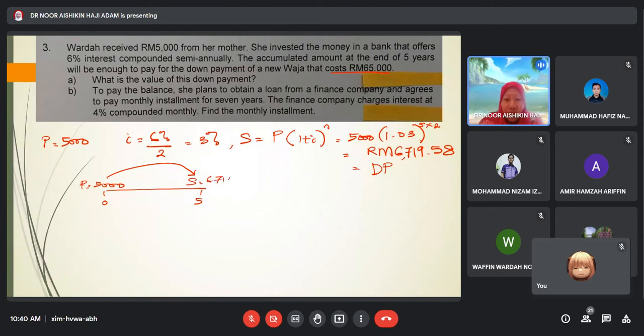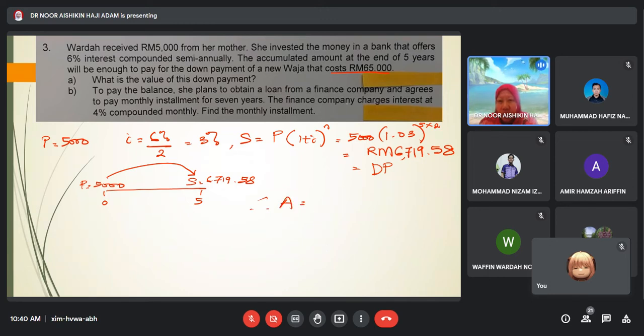Dia dapat 6719.58 where I equals to 3%. Now, dia tak cukup duit, dia kena buat loan to buy the car. 6719.58 is just the down payment. So, dia kena buat loan. How much is the loan amount then?